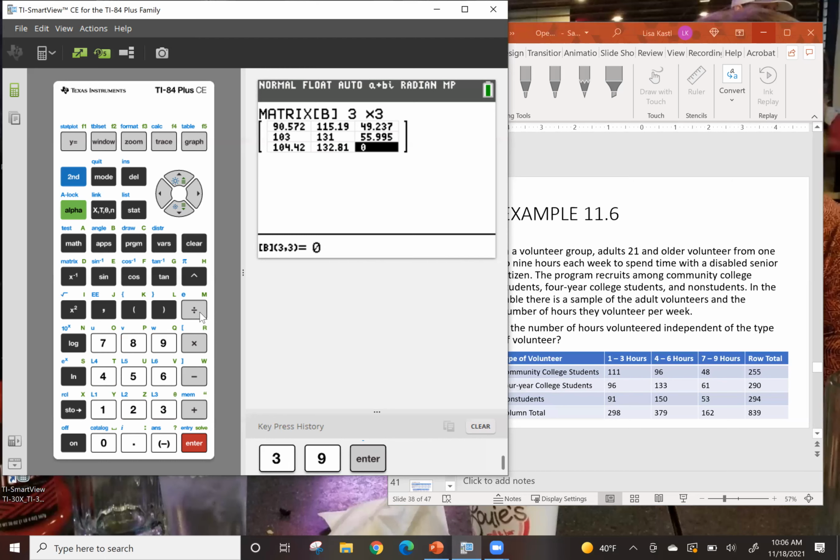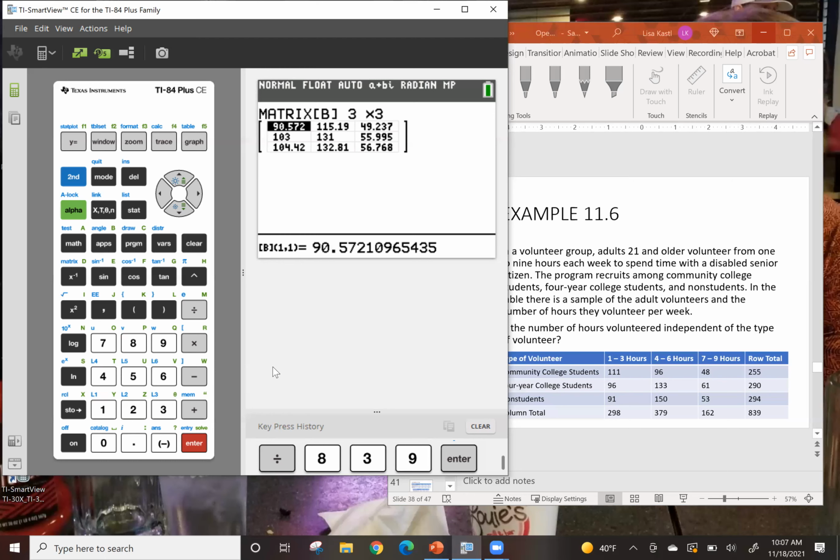And last but not least, we have the row total, 294, the column total, which is 162, divided by the total, which is 839. And there is my table of expected values.